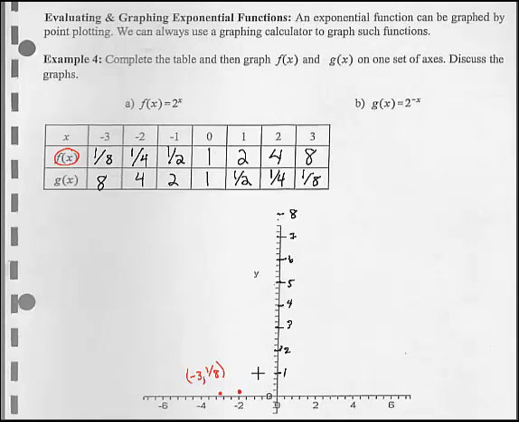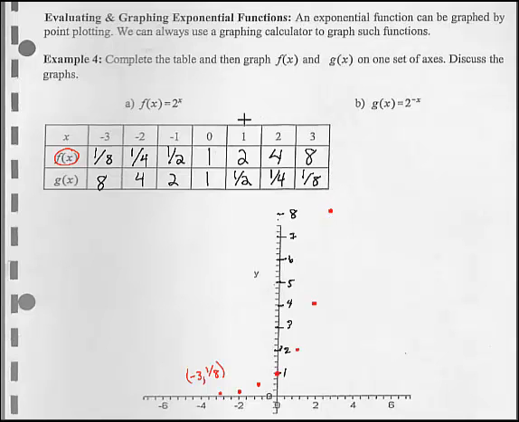Negative 1 and 1/2, 2 tick marks up. 0 and 1, 1 and 2, 2 and 4. So our function is really starting to shoot up now. And then finally 3 and 8.